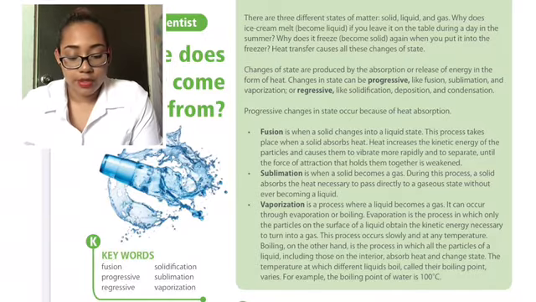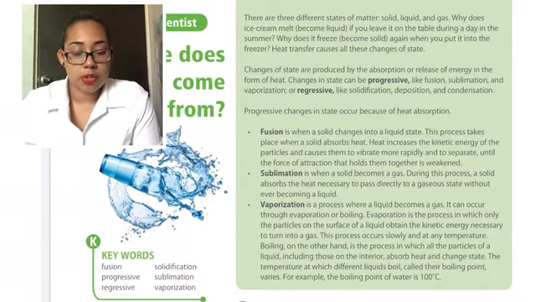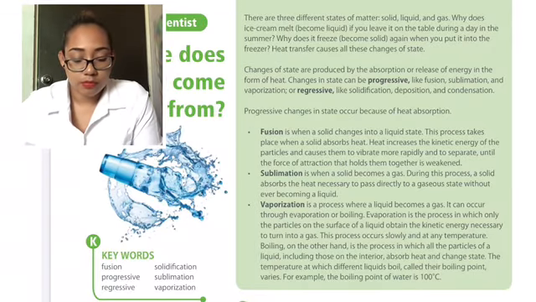Why does it freeze, become solid, again when you put it into the freezer? Heat transfer causes all these changes of state. Changes of state are produced by the absorption or release of energy in the form of heat.